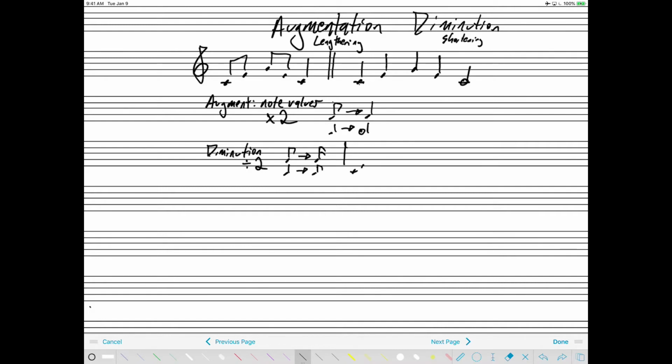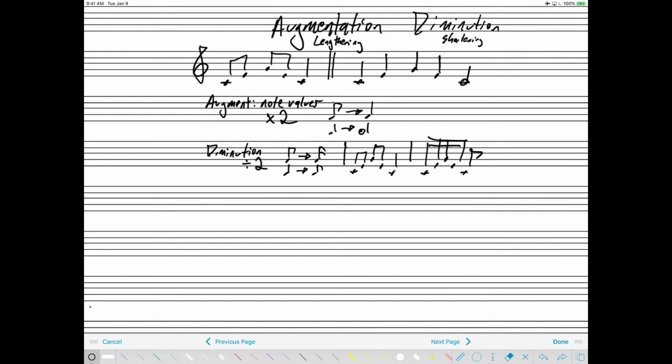So our original motive, this simple triad, becomes much briefer, becoming 16th notes and an eighth note. So this becomes this. We can have this applied to an entire phrase or part of a phrase, and of course we could also mix these with other elements as well.